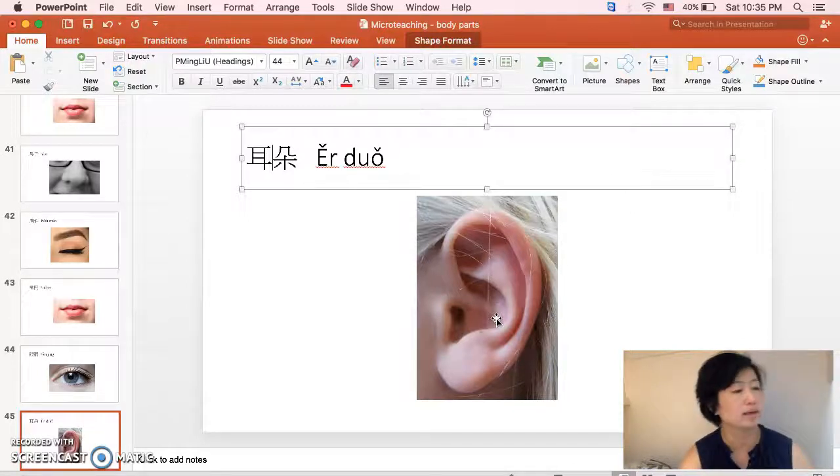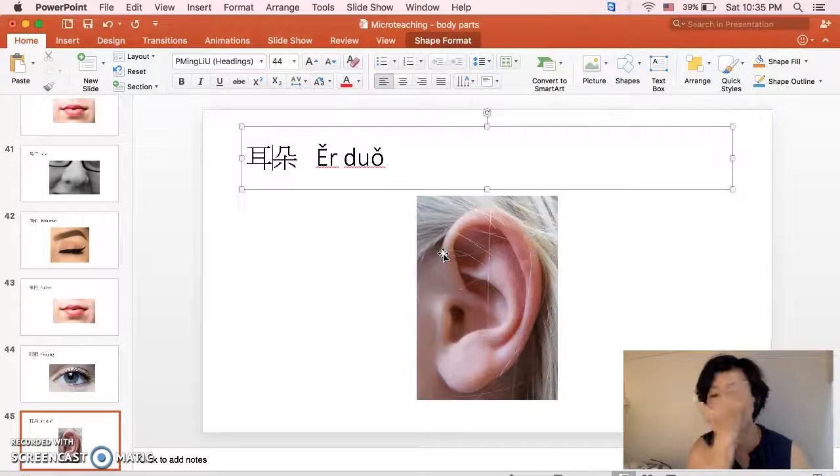Another feedback from my peer is to create opportunities for students to interact as I provide the check for understanding occasion. So for instance, perhaps I could use some drawing device like the whiteboard, that as I say each body part, the student could use the whiteboard to draw out the body parts.